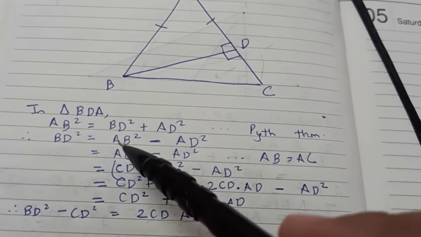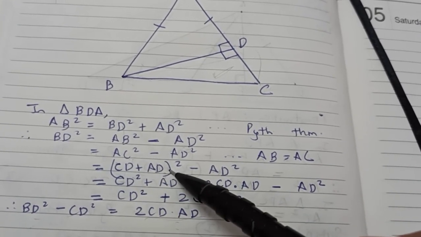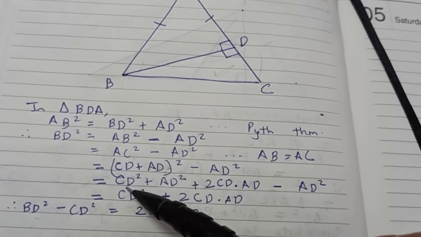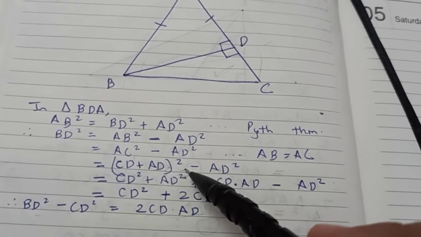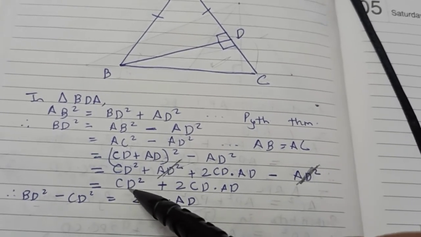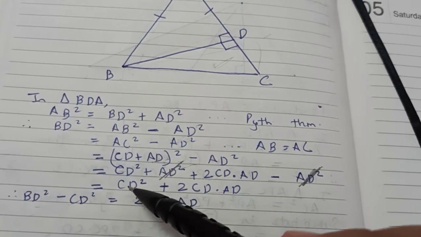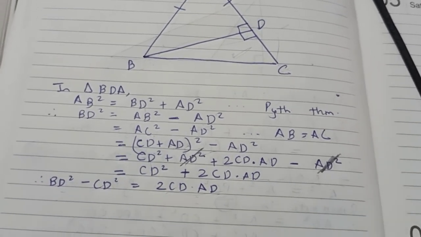So that's why we replaced it, and now we break it down into CD plus AD the whole squared. Then use the formula A squared plus B squared plus 2AB. Interestingly, AD squared and AD squared get cancelled, and you are left with this. And if you shift CD squared to the LHS, we get what is asked.